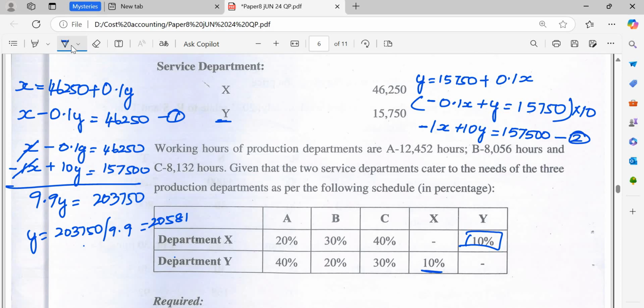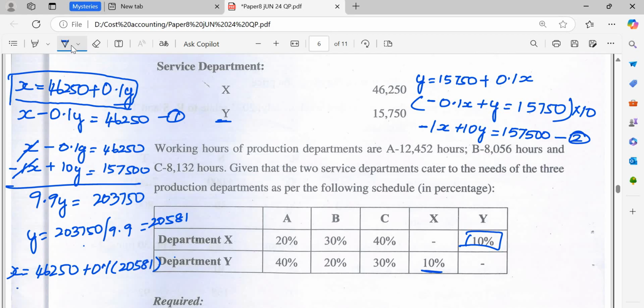Now I'm going to substitute this Y is equal to 2581 in either of the equations. If I am substituting in the first equation, that is X is equal to 46,250 plus 0.1Y, so 46,250 plus 0.1 into 2581.